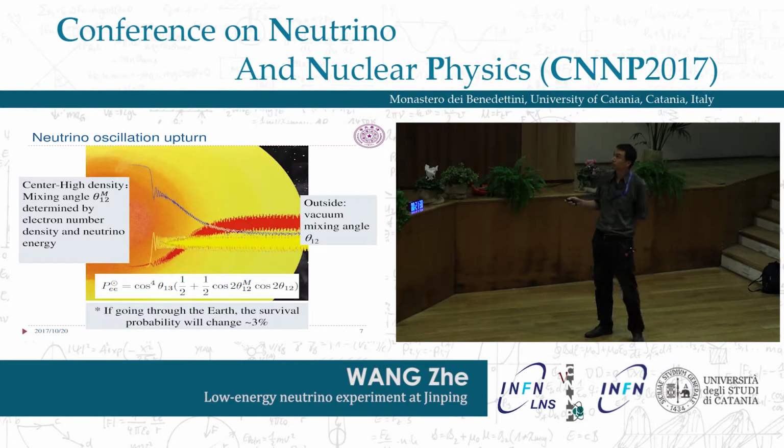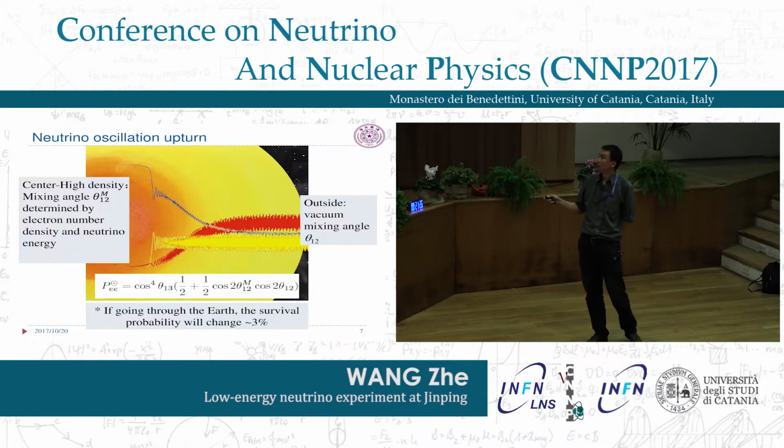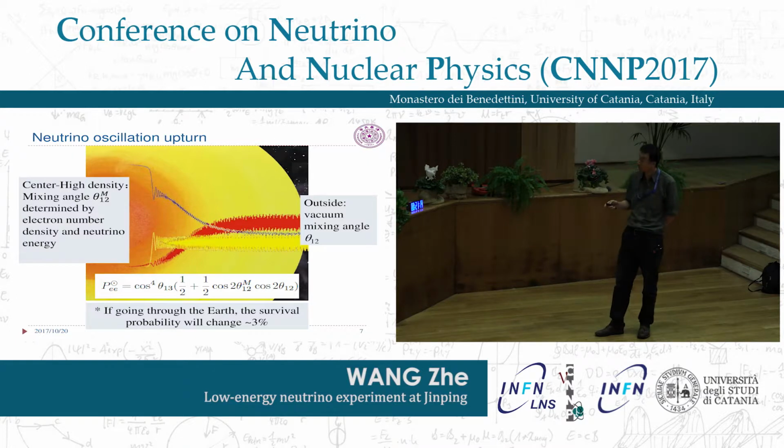Certainly, we also have interest in solar neutrino oscillation. So this simple cartoon really shows the features in the solar core in the neutrinos generated. They are mainly electron neutrinos. However, through this irregular oscillation pattern that includes the matter effect, it reaches a balanced status at the surface of the sun.